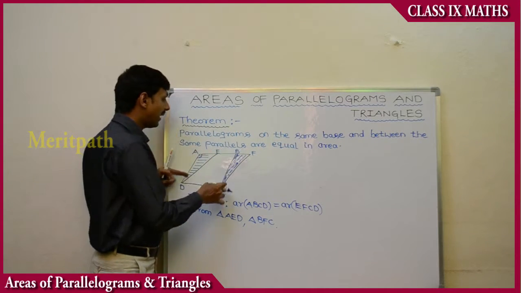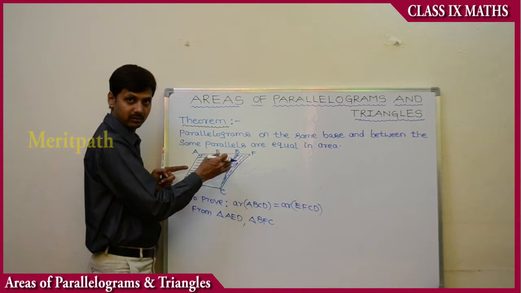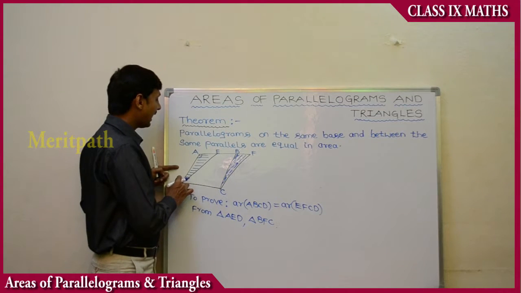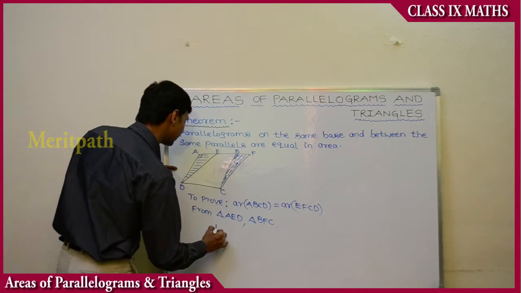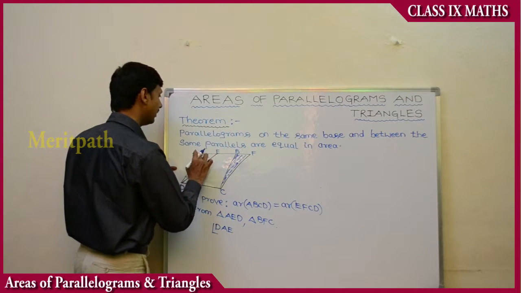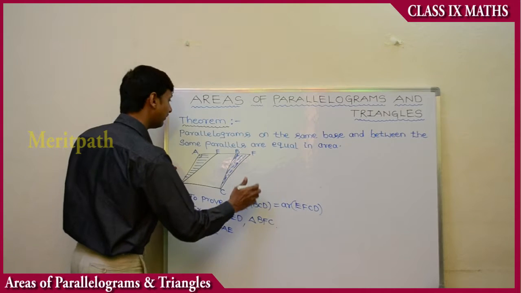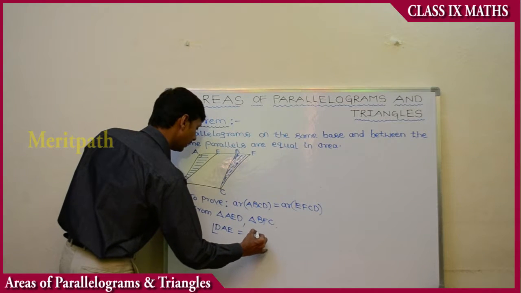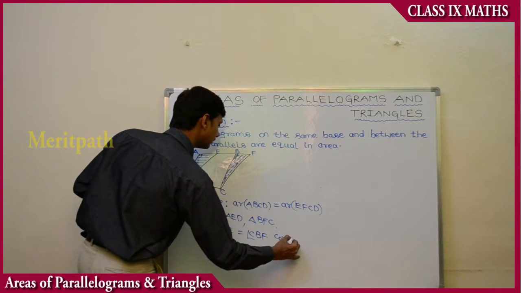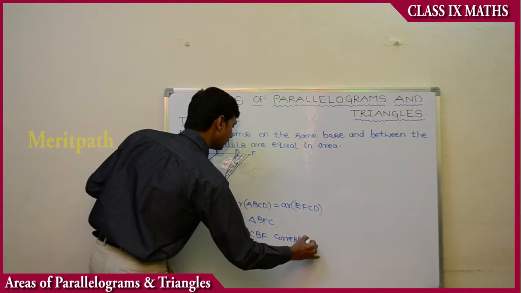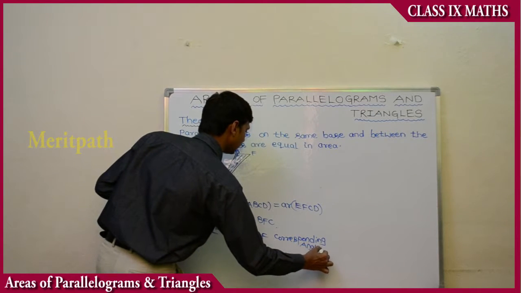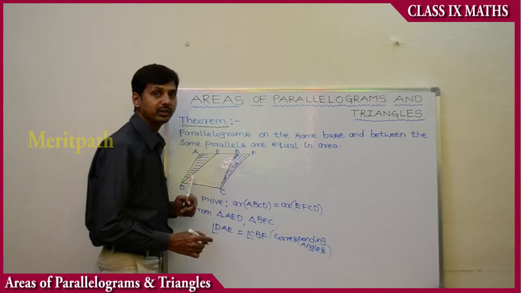When two parallel lines are intersected by a transversal, the corresponding angles are equal. So angle DAE is equal to angle CBF, the corresponding angles.